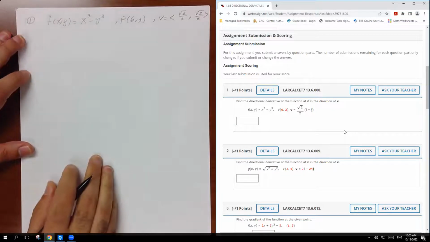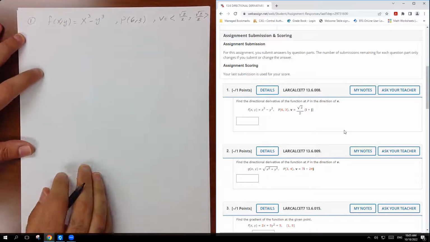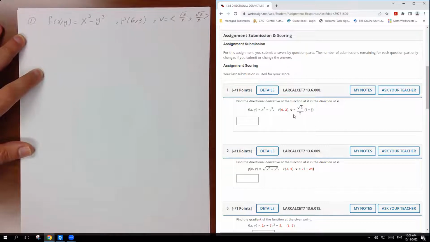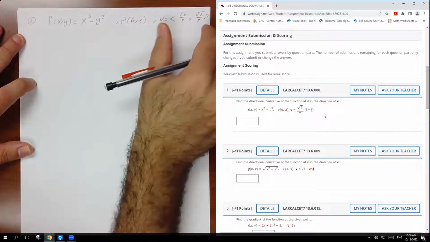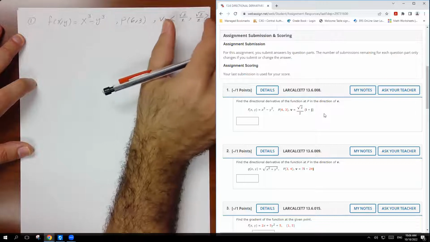This is the vector. So the first thing, before I start finding the directional derivative of the function at this point P, I have the point, I have to check the vector we have. Is that a unit vector? So before you start doing the rules, we have to check if it's a unit vector.